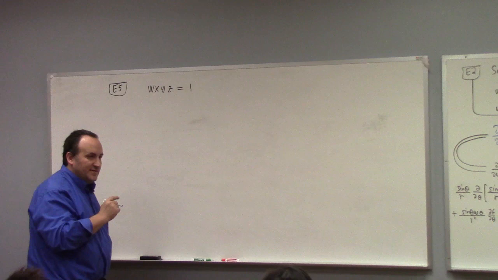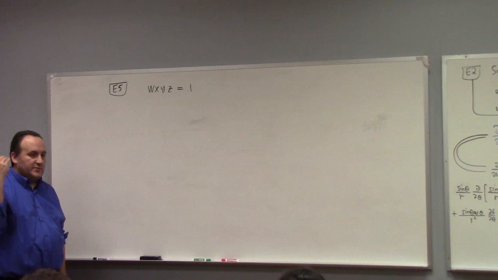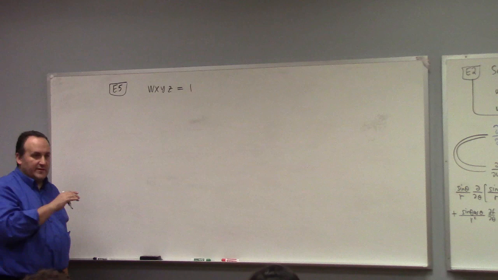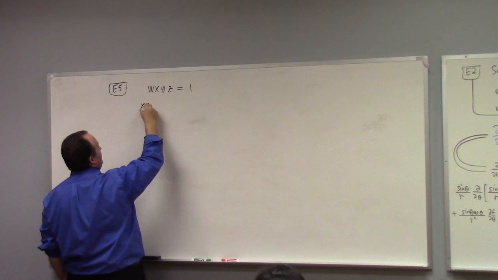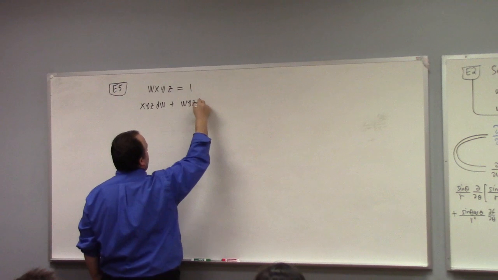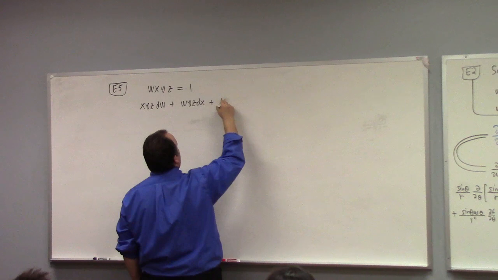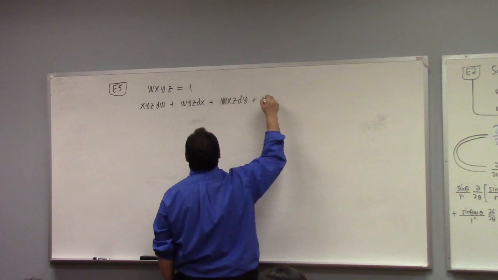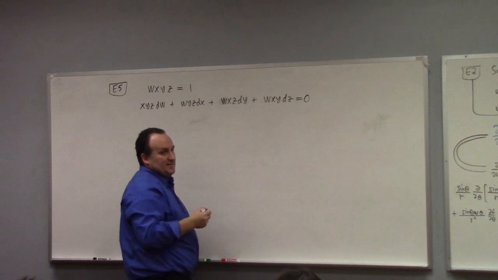Check this out. The calculational principle is simply this. You can take the total differential of the expression, and from that you can derive whatever partial derivatives you want. So here, if I take the total differential of this, I get xyz dw plus wyz dx plus wxz dy plus wxy dz equals 0, right?